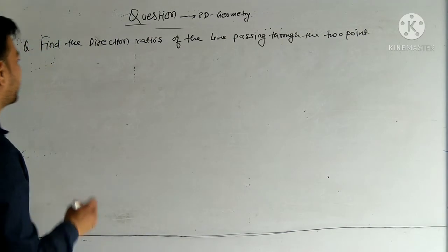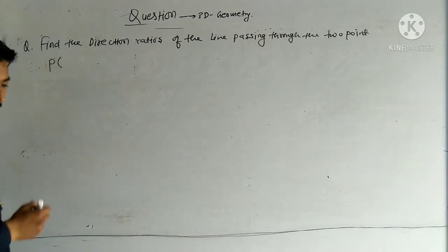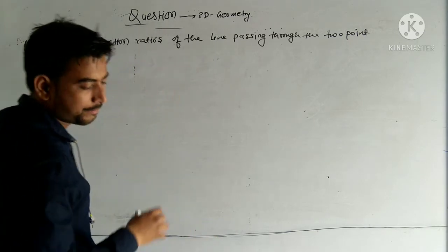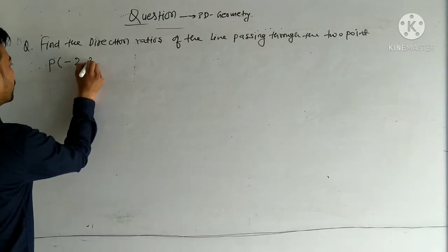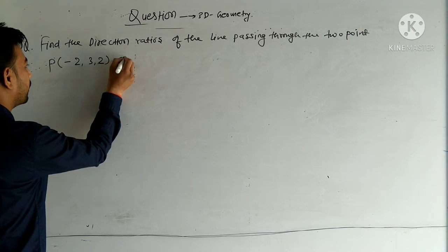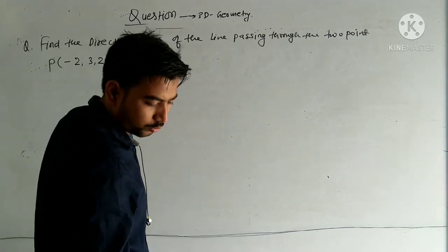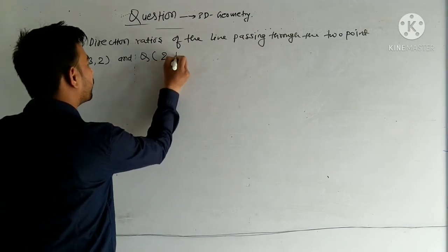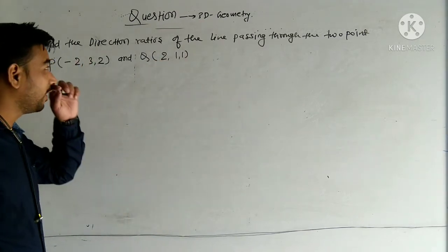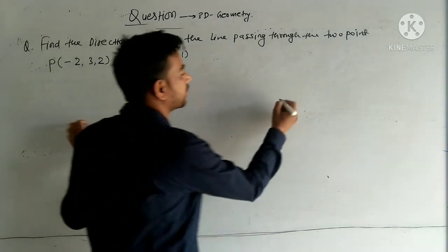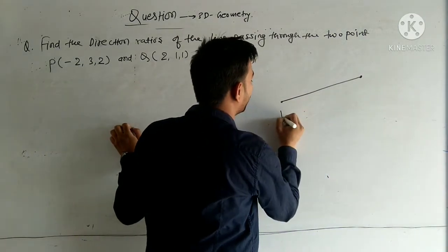One point is P, it is given -2, 3, 2, and Q, it is given 2, 1, 1. Actually what you have to find, you have to find direction ratios if the line is passing through the 2 points.